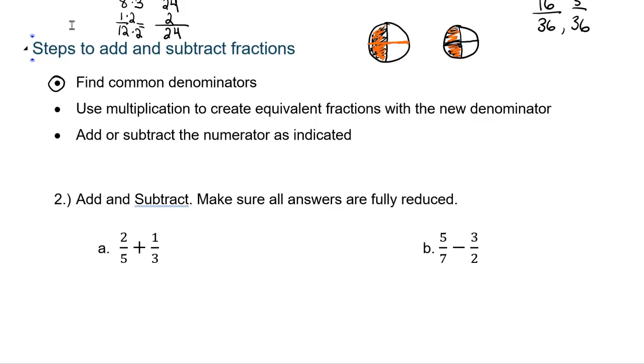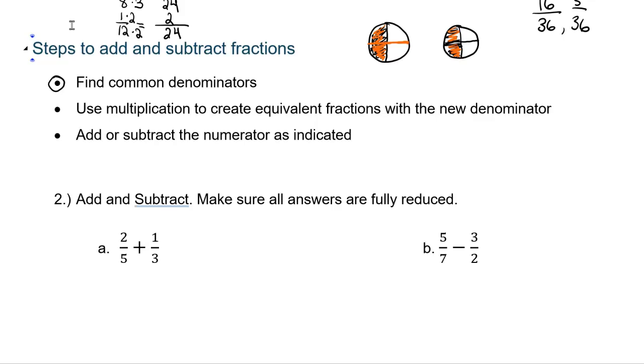Okay, so for 2a, actually, first of all, let's just look at the steps. We went through finding the common denominator. So as soon as you see fractions with an addition or subtraction, you have to do the denominators. Then once you have your common denominators identified, you use multiplication to create the equivalent fractions with that new denominator, which is what we just did.